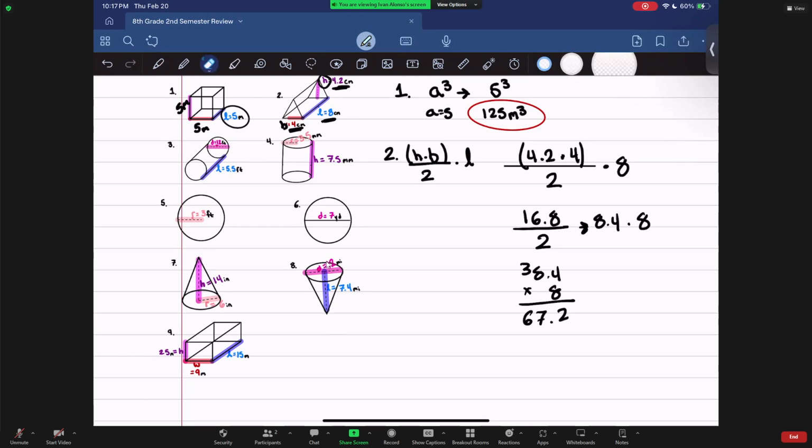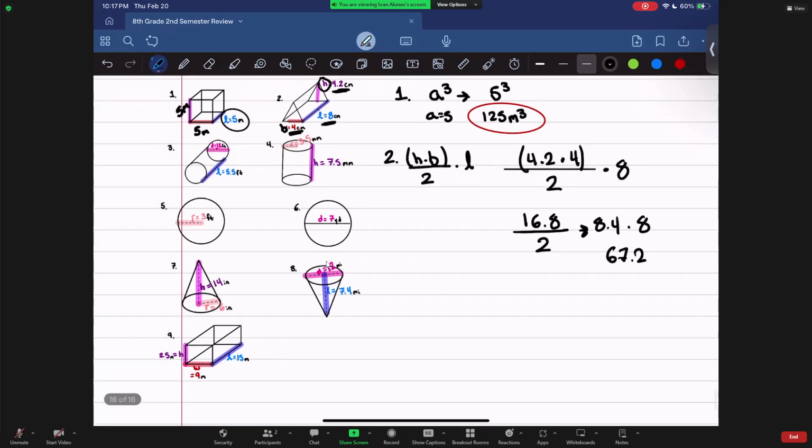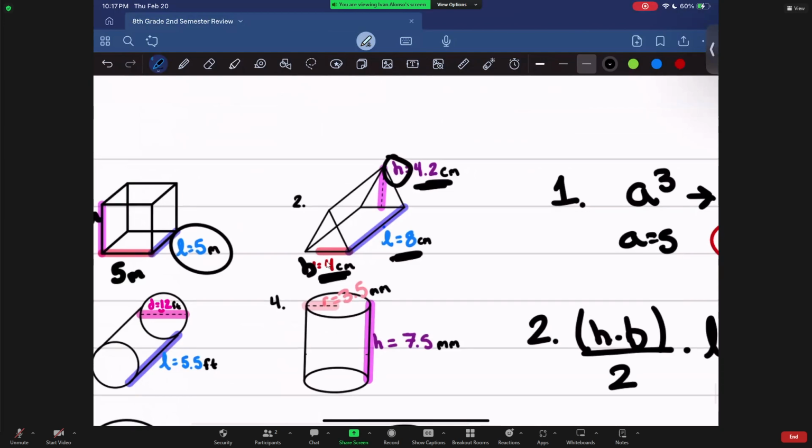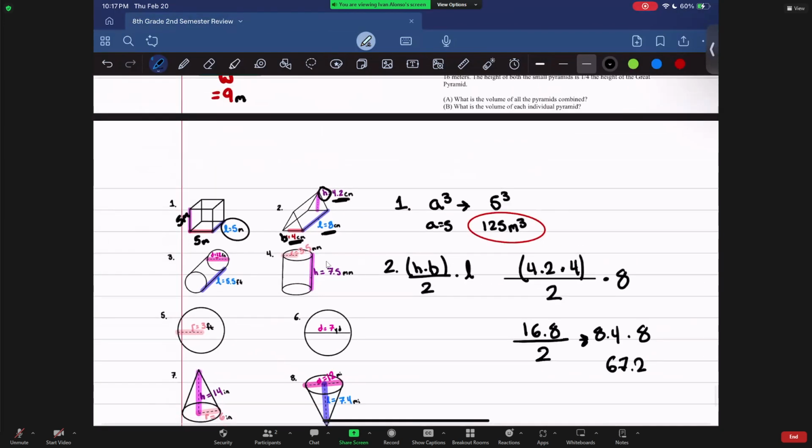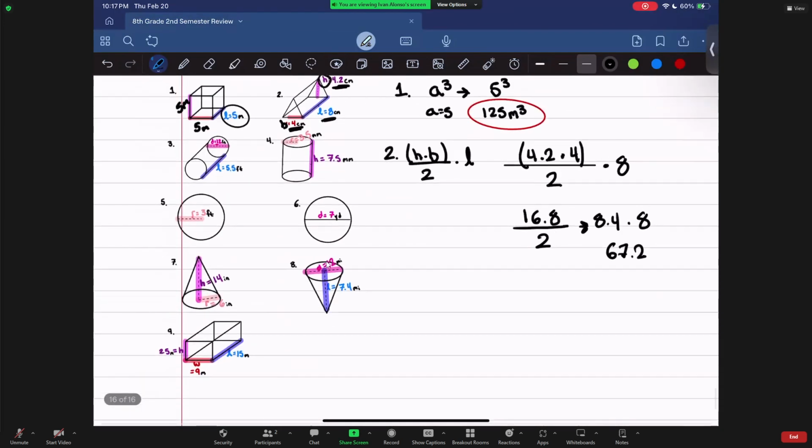Yeah, okay, cool. 67.2. And if you notice, our units over here are specifically in centimeters. So let's note that this is, right, super ugly, 67.2 centimeters cubed. Circle our answer.